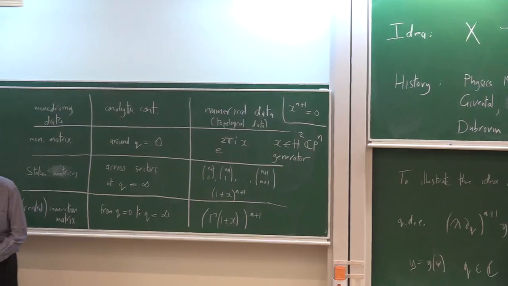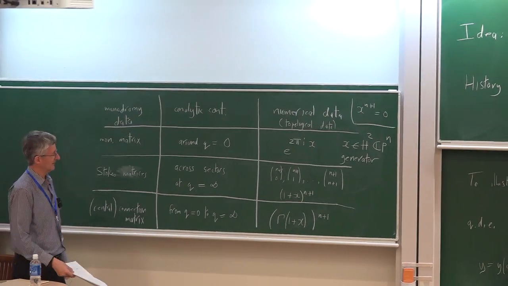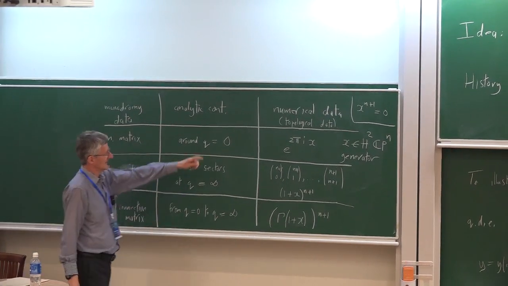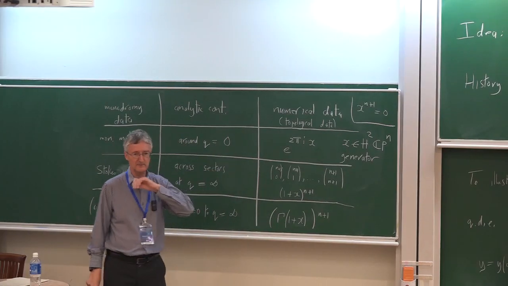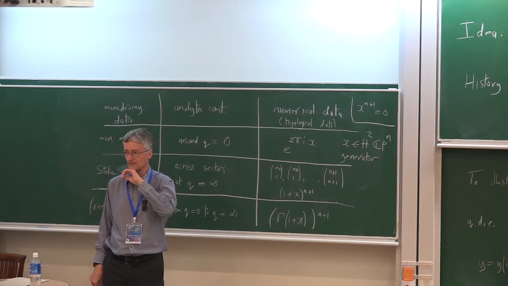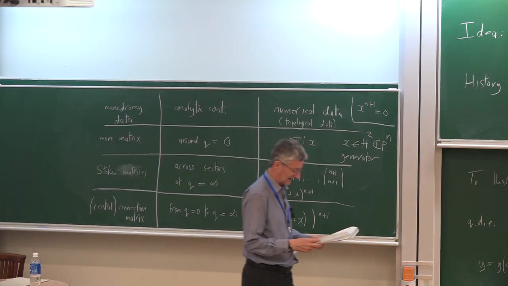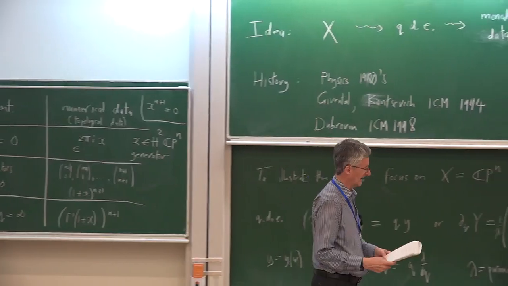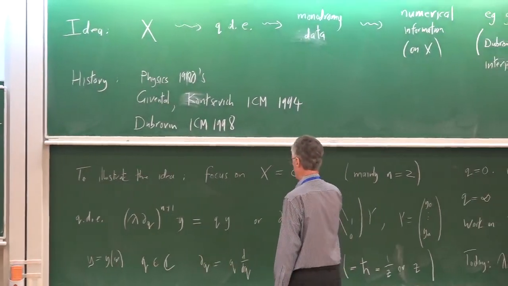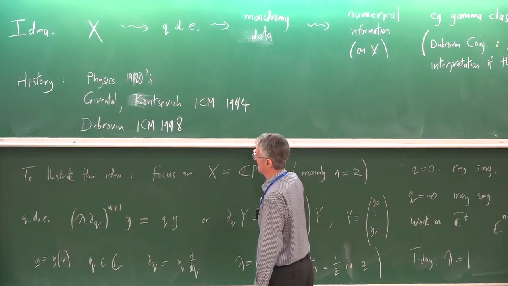So something interesting is happening there. Also, of course, it's interesting because it's topological. All of this data I've written is purely expressed in terms of the cohomology. So clearly, this kind of equation is special. Something interesting is going on.